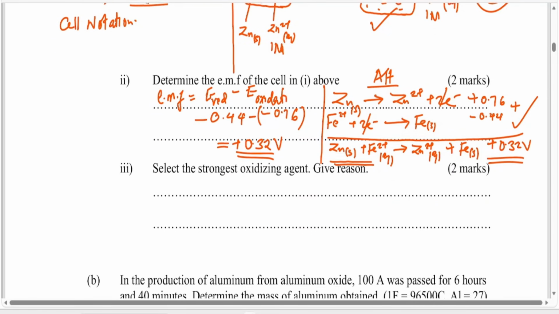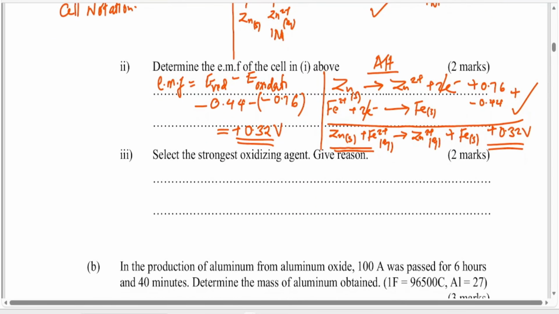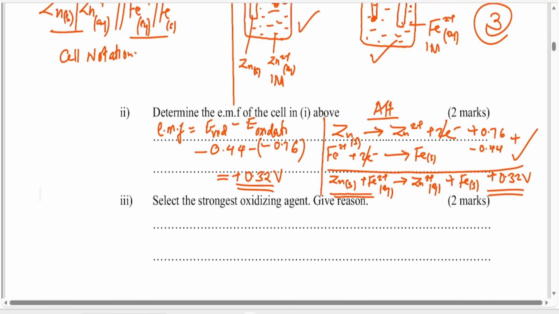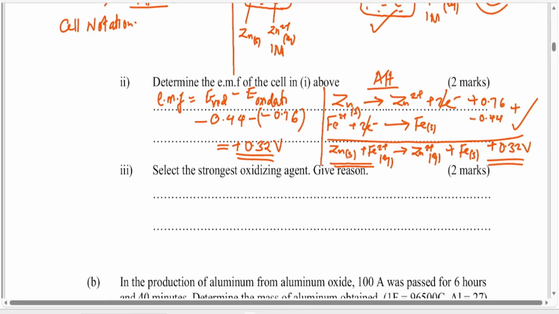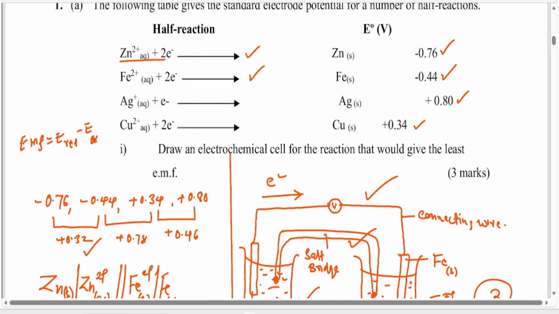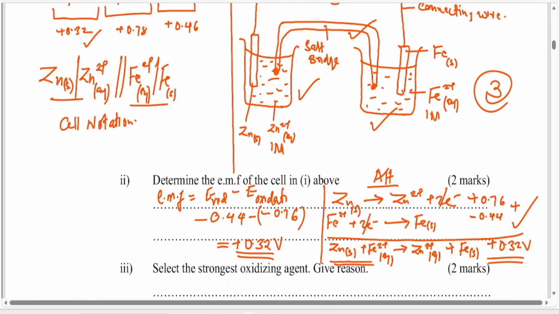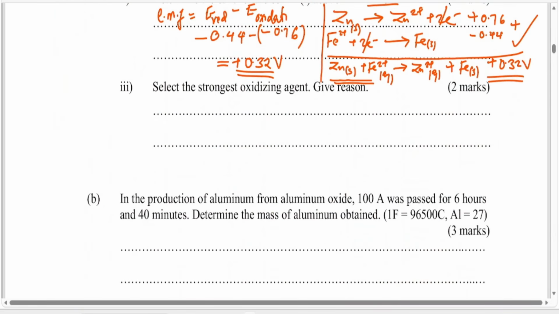Moving to the next question, select the strongest oxidizing agent and give a reason. When we are beginning this question, we talked about the cell that is most positive is always referred to as the strongest oxidizing agent. And therefore, the strongest oxidizing agent, as you can see in this list, is silver with positive 0.80. So we select it and just say silver.